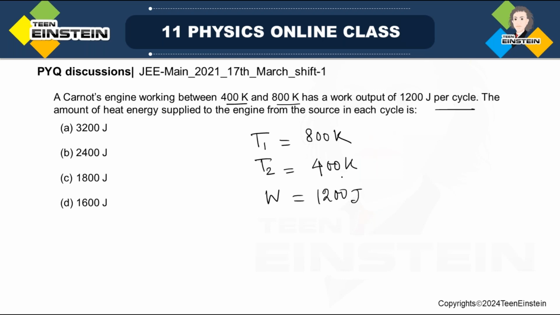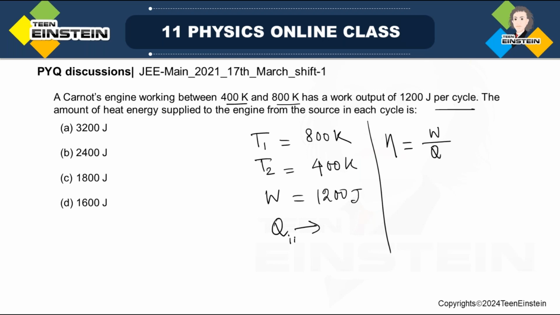So with this information, you have to find out how much heat input is given. Temperatures are given, and the work output is given. What is missing is the information about efficiency. We know that efficiency eta is work output by heat input.